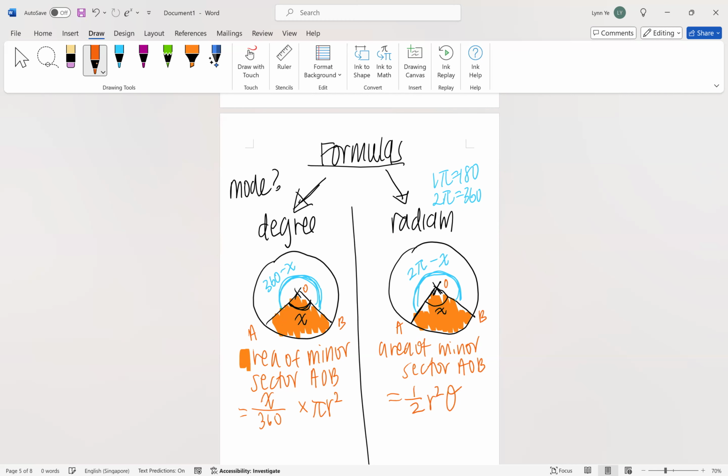Now I give you guys some time to copy. And what is theta? Theta is your x. The formula sheet won't write x. It's not r squared x. The formula sheet will write theta. Better put here.